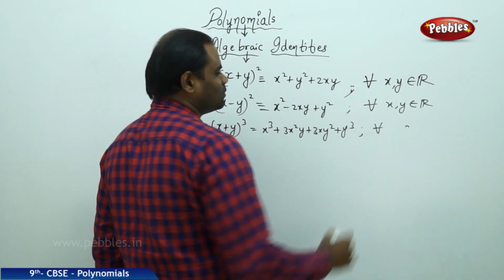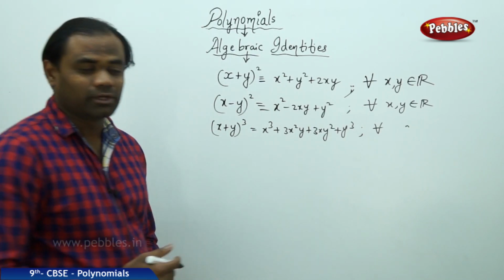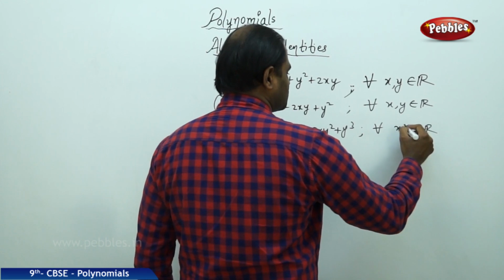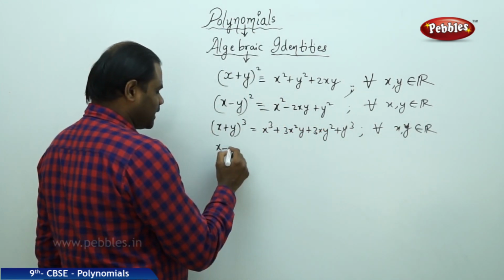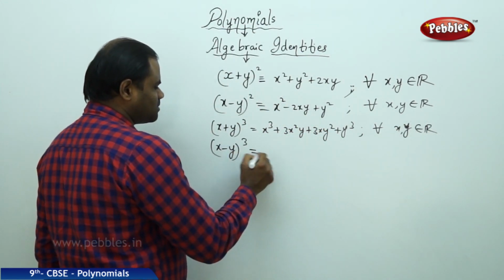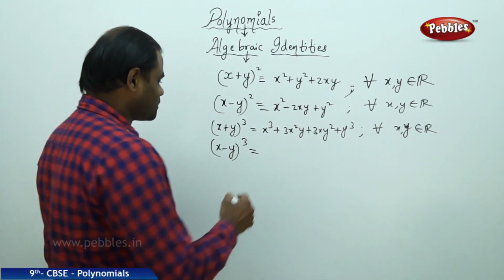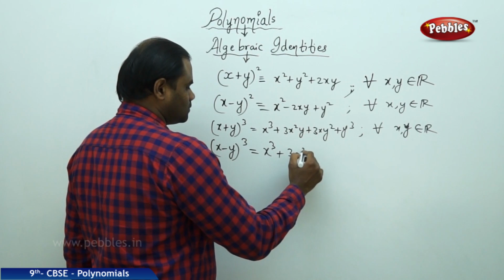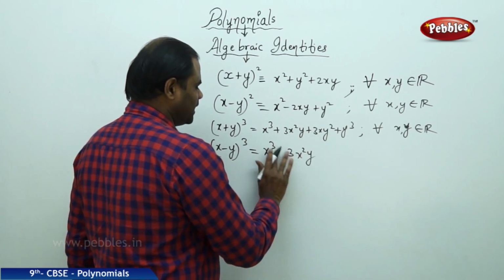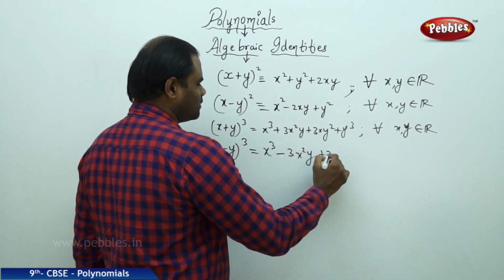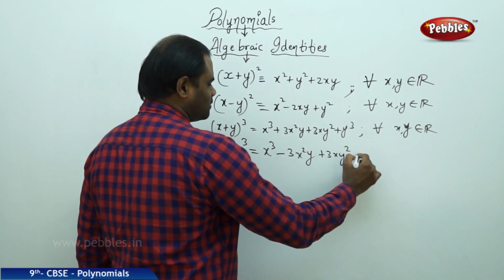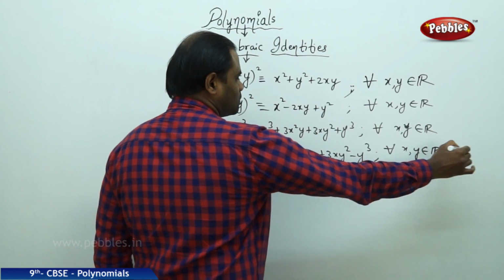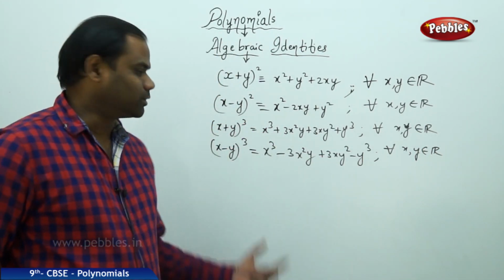This is true for all x and y belonging to real numbers. Next, x minus y whole cube, which is x cube minus 3x square y plus 3xy square minus y cube, which is true for all x and y belonging to R.